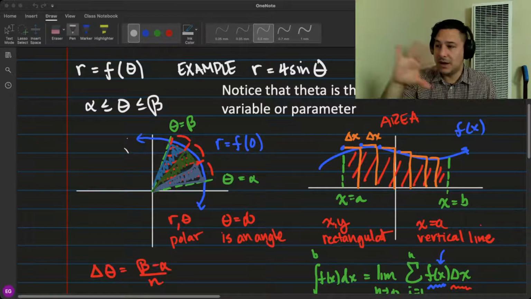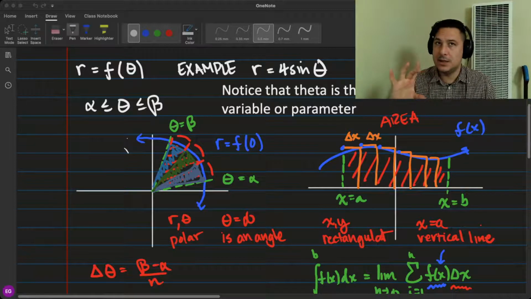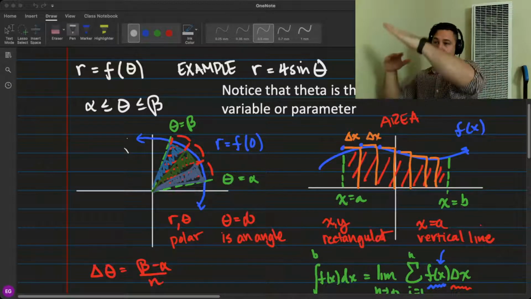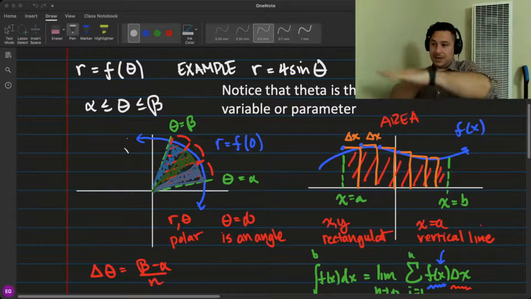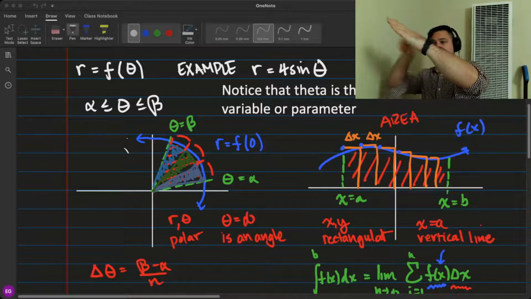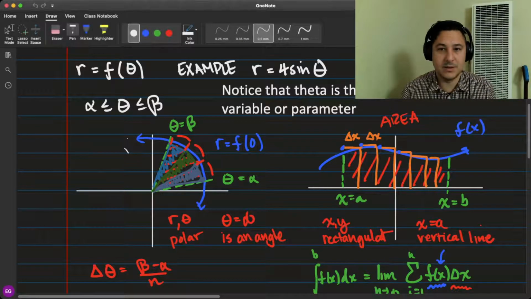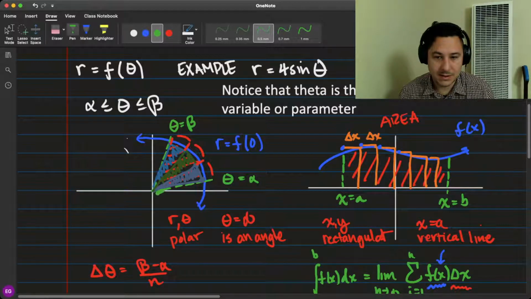because in the polar case, our radius is determined by theta. It's parameterized by theta. And if you think of theta, that's angles, which are like these radii that come out, right? A radius has a constant angle. Let me draw it.